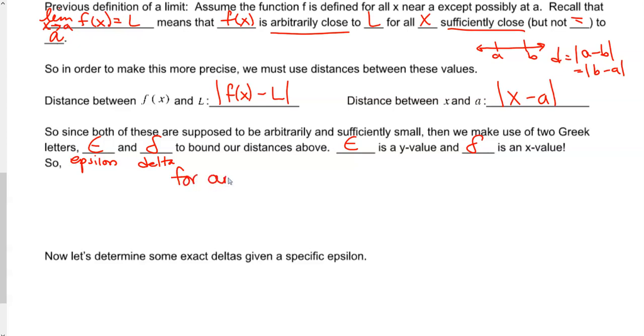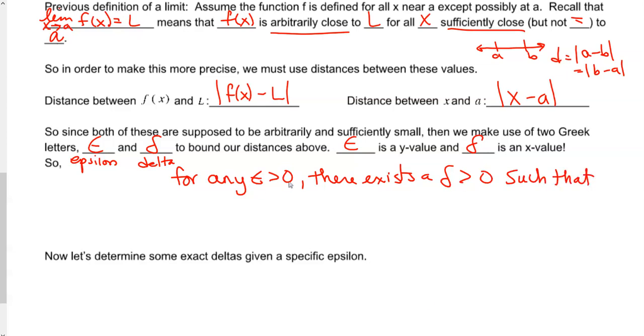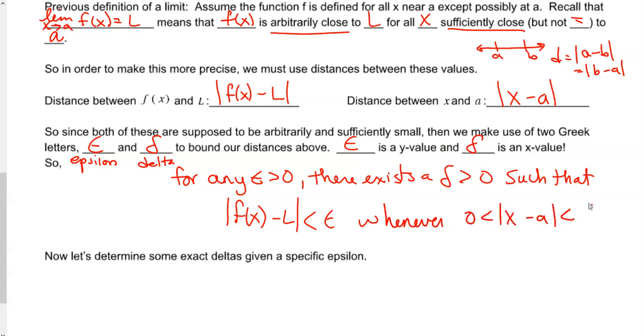Here's what we're going to do. For any epsilon greater than 0, there exists a delta greater than 0 such that, basically I'm defining that I have a small number that's bigger than 0, positive, and I have another small number that is also bigger than 0, such that the absolute value of f of x minus L is less than epsilon whenever 0 is less than the absolute value of x minus a, which is less than delta.